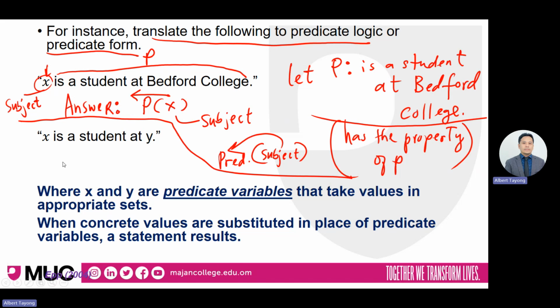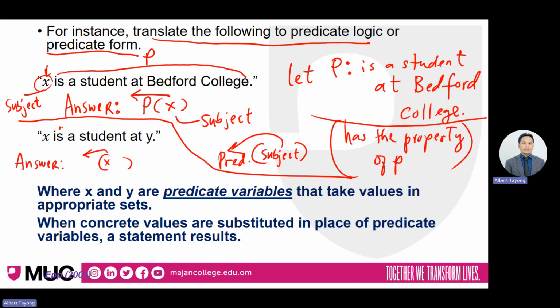James is a student at Bedford College. James is deleted, changed to X. Bedford College is changed to Y. So again, we start with the subject inside, and we go to the outside left: is a student at.